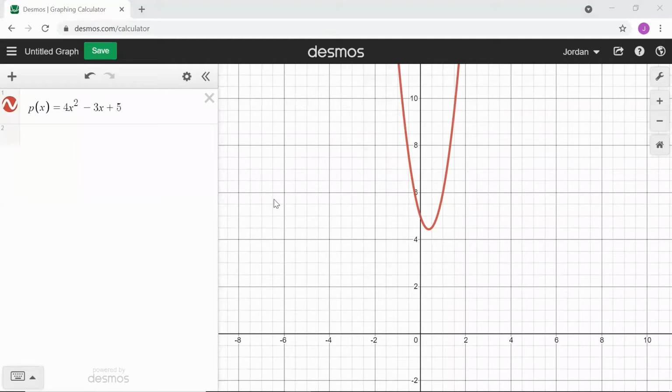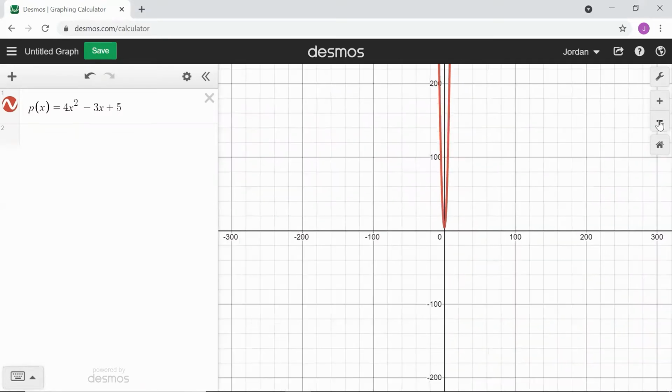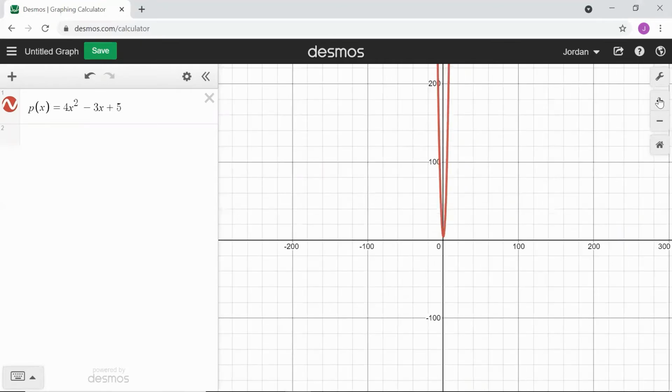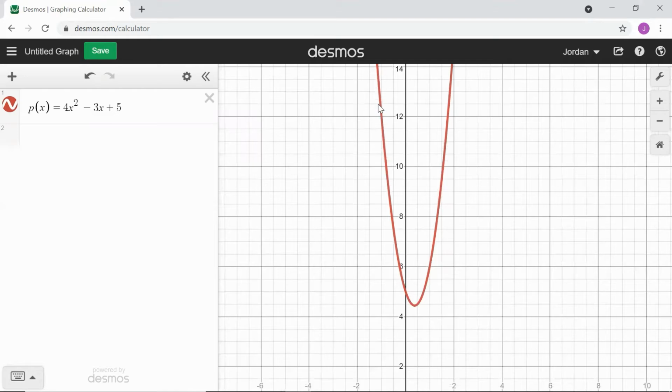Let's take a look at p of x equals 4x squared minus 3x plus 5 first. Most of us know that this is a parabola, and if I zoom out, although it's very, very steep, it doesn't have any place on it where the function's value is not both defined and equal to the limit.